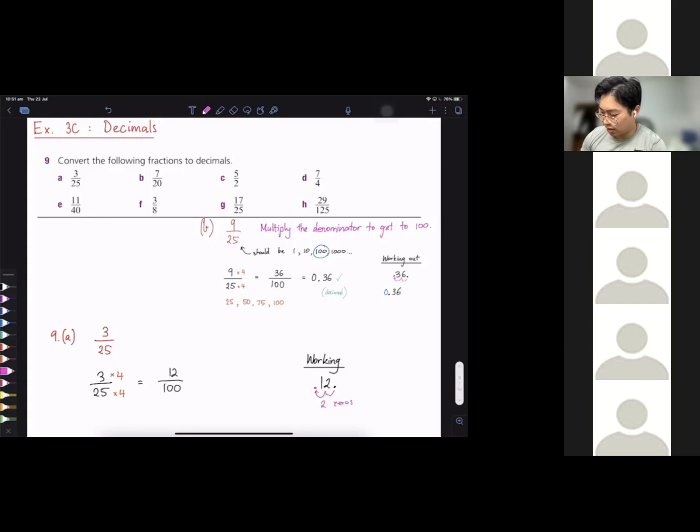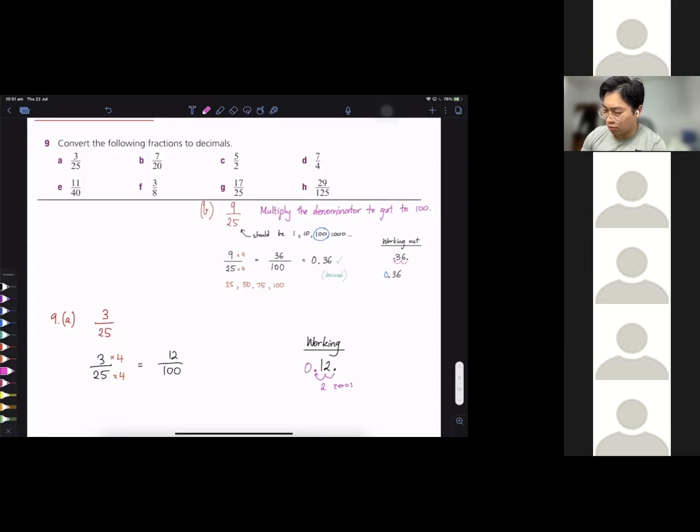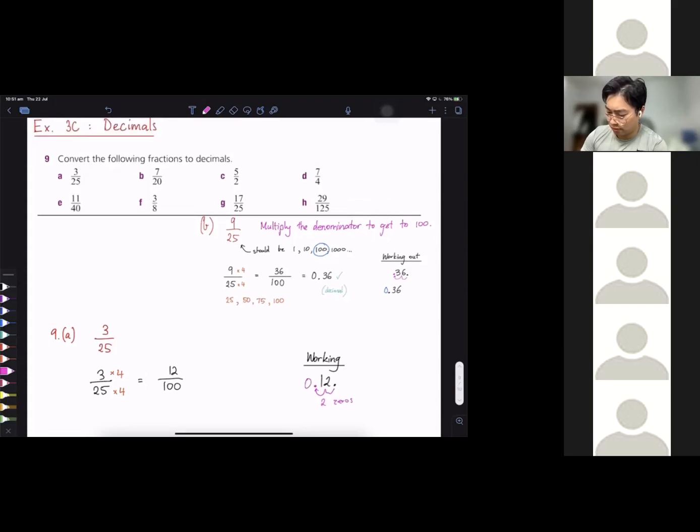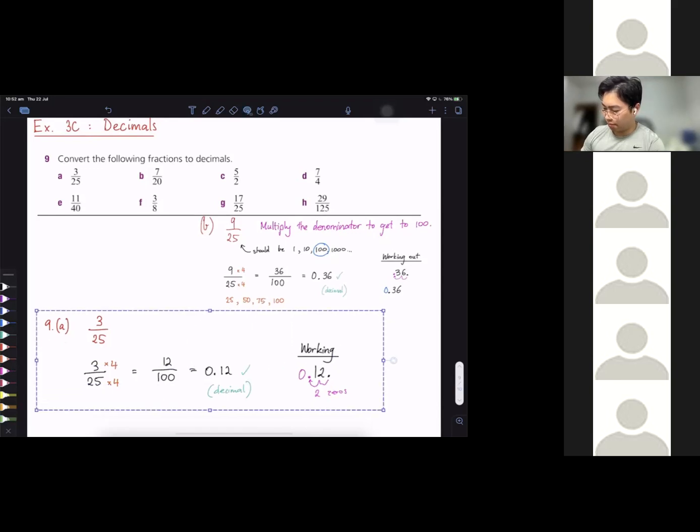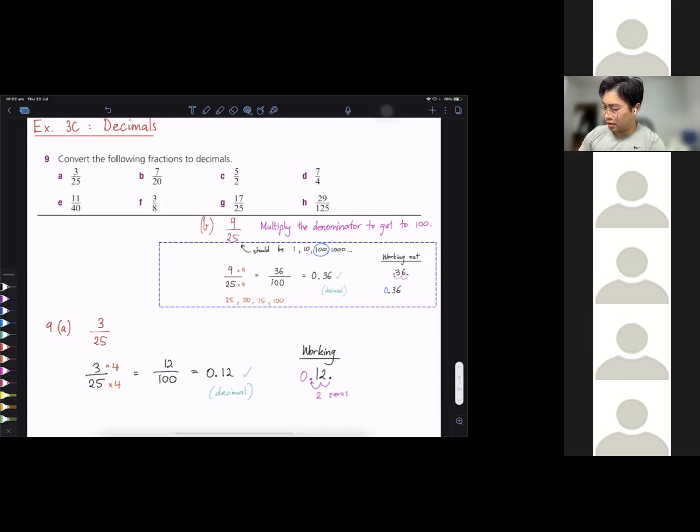Put the decimal place there at the front. Since there's no number, we fill it in with a 0. So therefore, our answer is 0.12. Tick. That's our decimal.